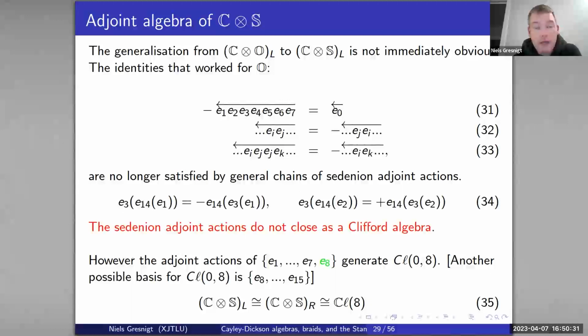However, if you look at all the adjoint actions of E1 to E8, or alternatively E8 to E15, they seem to give you a basis for the 16 by 16 matrices, and so they generate CL0,8. Once you complexify, you get the complex Clifford algebra CL8.